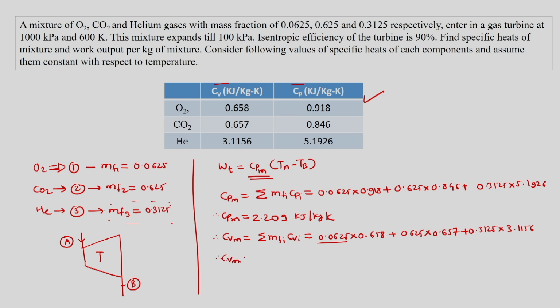So we have Cvm as 1.425 kilojoule per kg Kelvin. So we can know two things. We can know R of mixture, which is Cp of mixture minus Cv of mixture, and this R value is 0.7836 kilojoule per kg Kelvin.